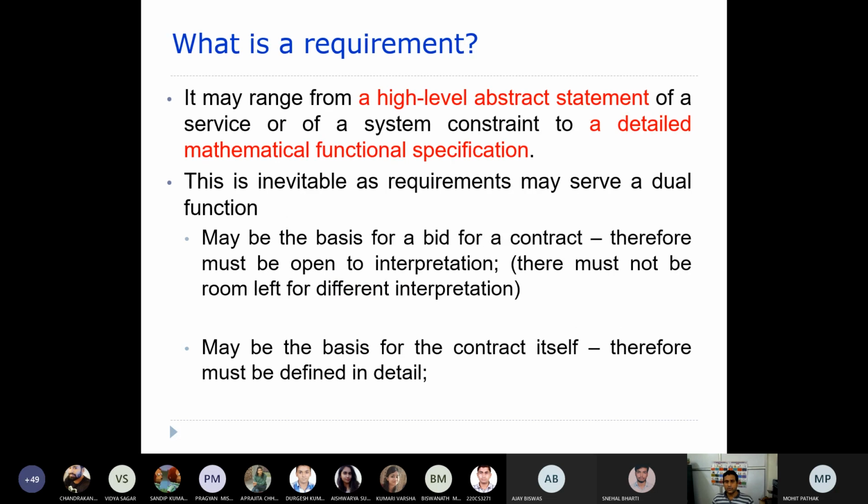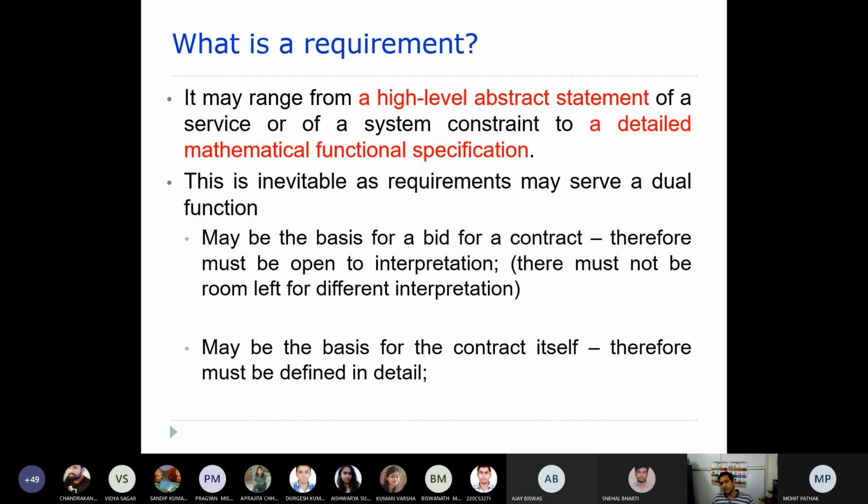So what is a requirement actually? A requirement is a high level abstract statement of a service or system constraint, as I told you. So services and constraints, right? It can be a high level abstract statement or it can be a detailed mathematical functional specification. That means the same statement can be specified using some mathematical approach.